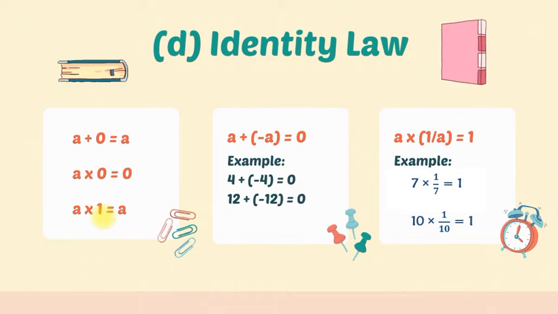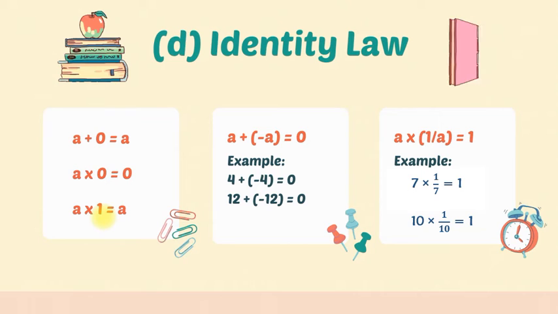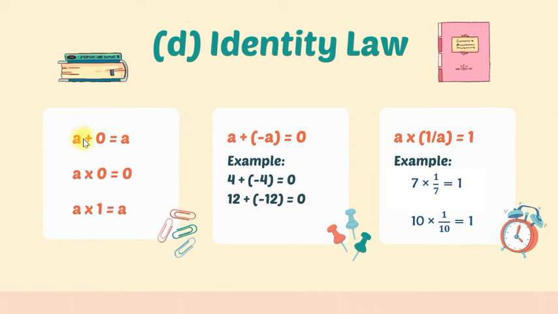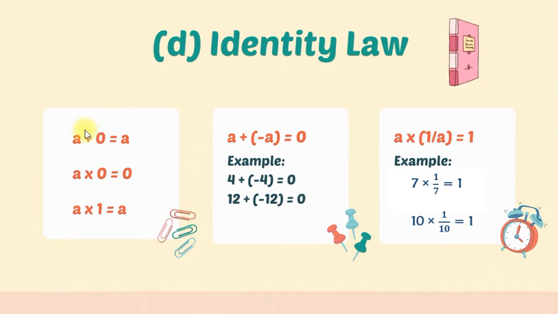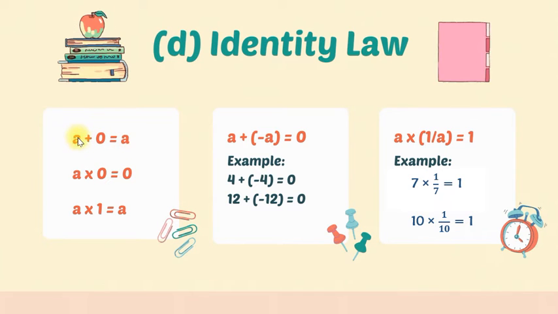Okay, next is the identity law. The identity law says that if a number plus 0 equals A. For example, 10: if you plus 0, you will get the number itself, 10. Even if it is 500, you plus 0, you will get the number itself, 500.